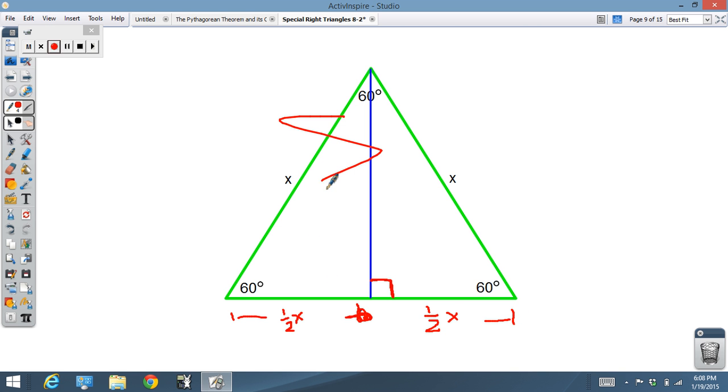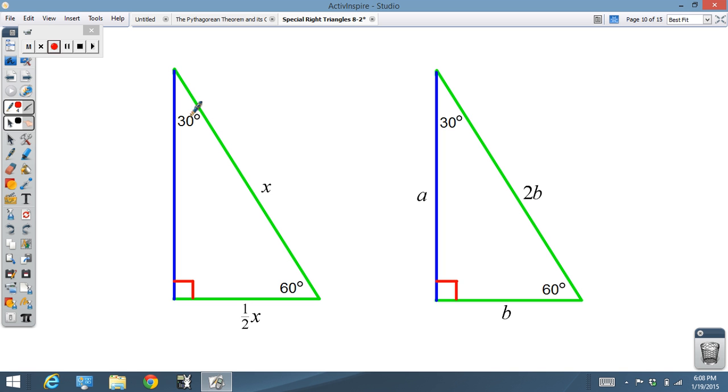Okay, once again, we're going to wipe out half of the picture and just look at the triangle that was created when we took the equilateral triangle and cut it in half. This is now 30. That's still 60. Here's our 90. Okay. This is our half of x that we started with, and here's the x that we started with.